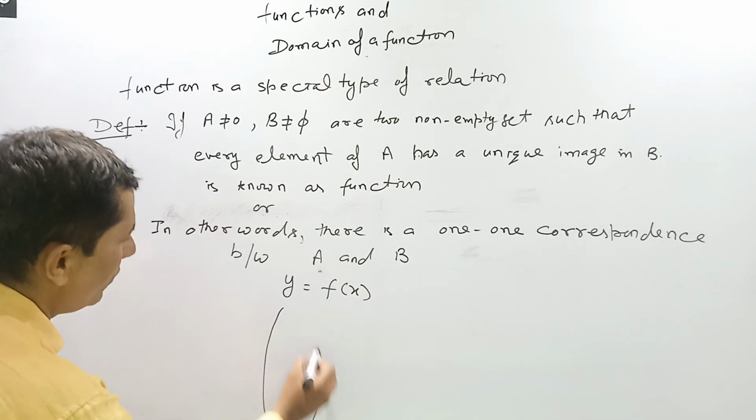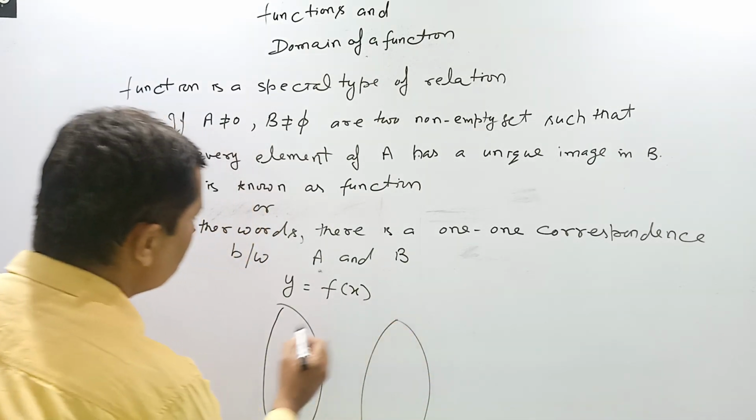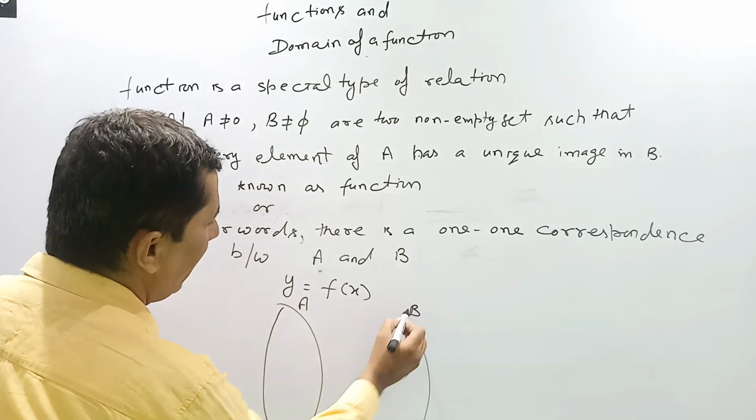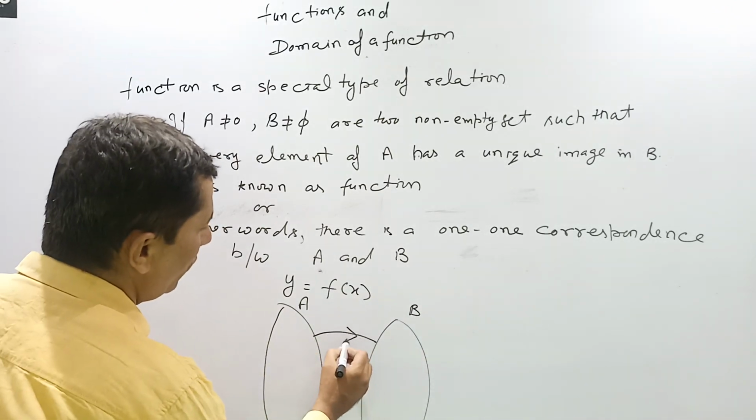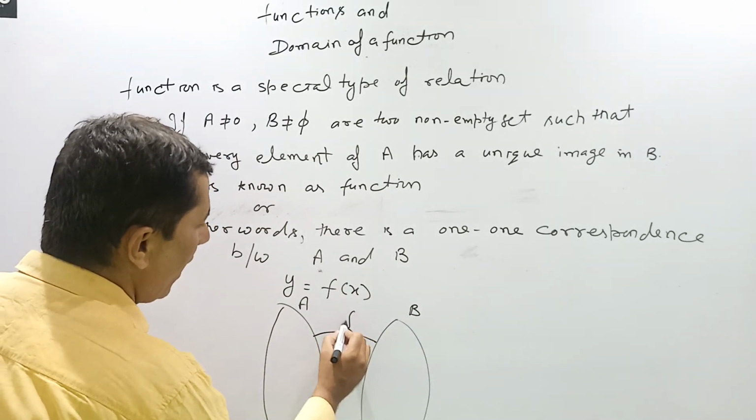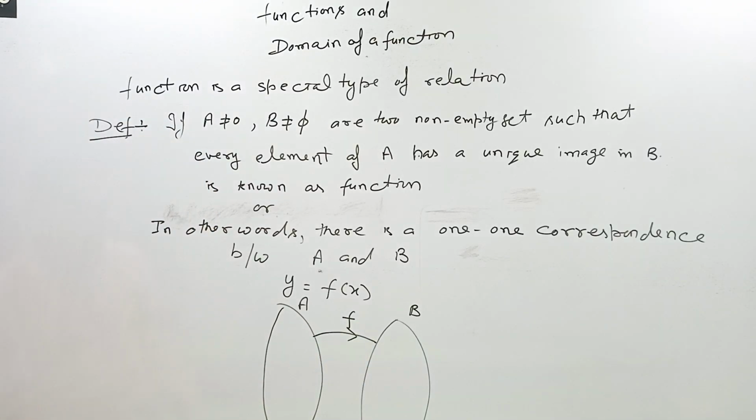When you have this, A elements and B elements, beta, and you apply a rule here, f mapping.